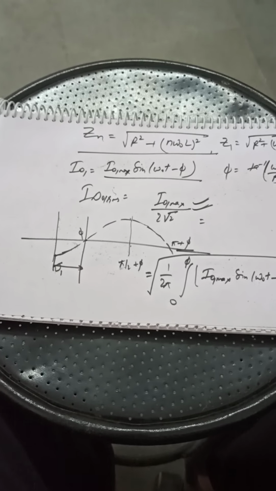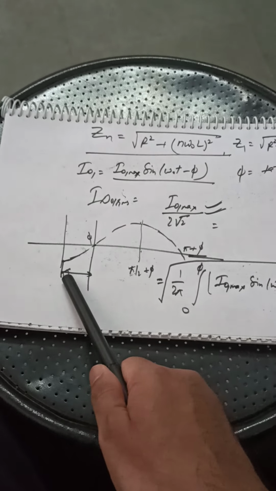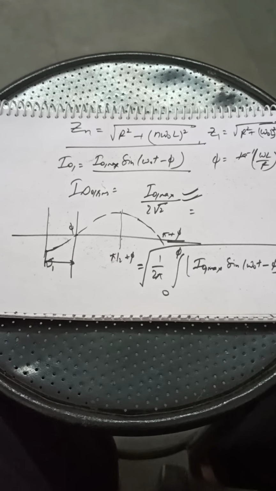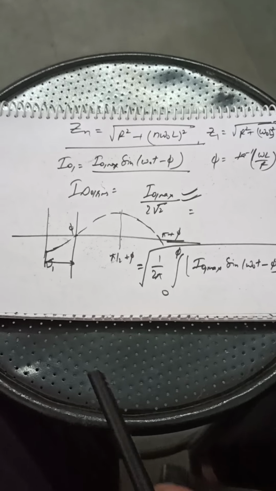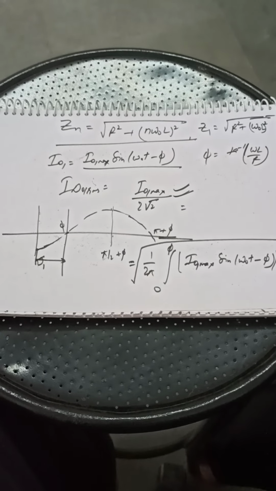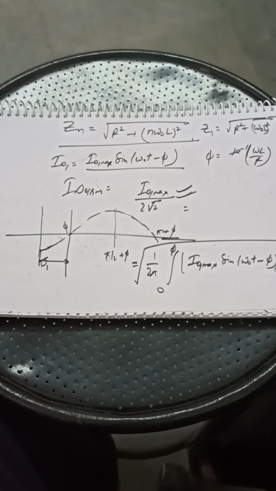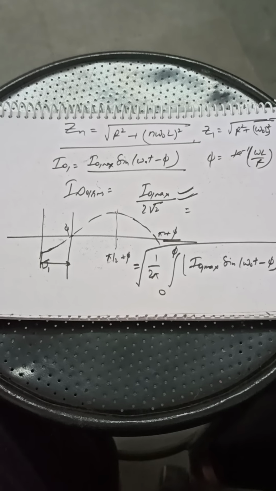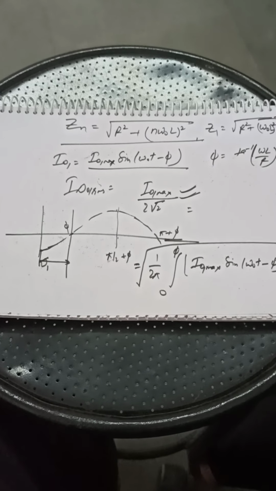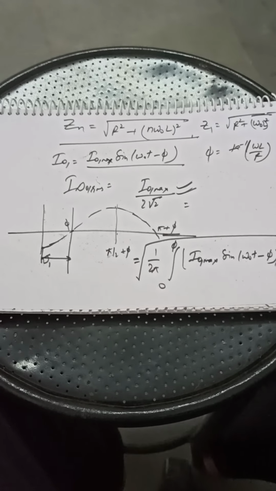For example, in this case, from 0 to phi, D1 will conduct. From phi to pi, S1 will conduct, and after that D2 will conduct.